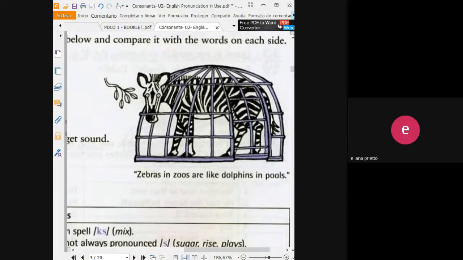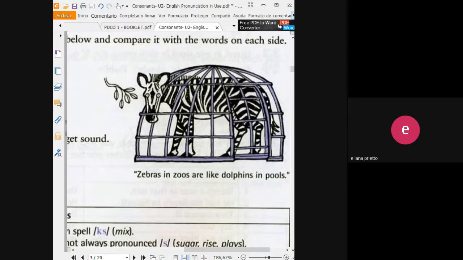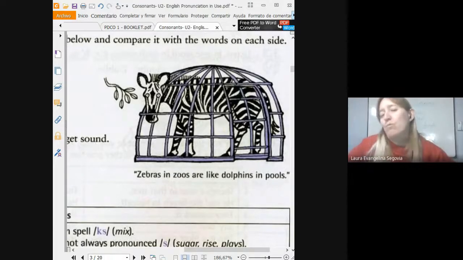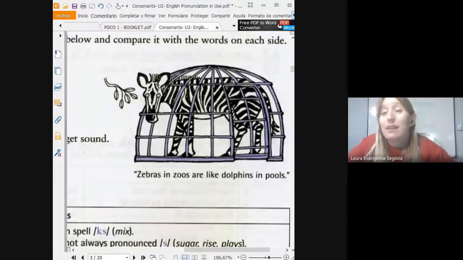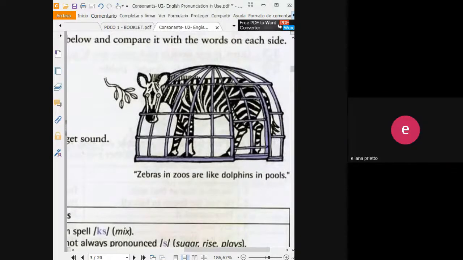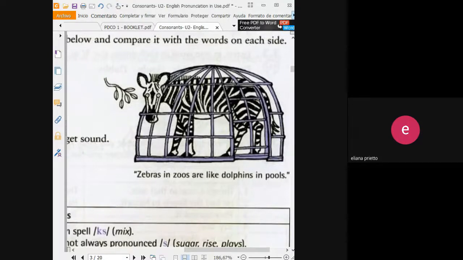Zebras in zoos are like dolphins in pools. Good. Thank you. Now say it as a lady in a palace. Think of the Queen of England. Come on. Zebras in zoos are like dolphins in pools. No, the Queen does not speak like that.